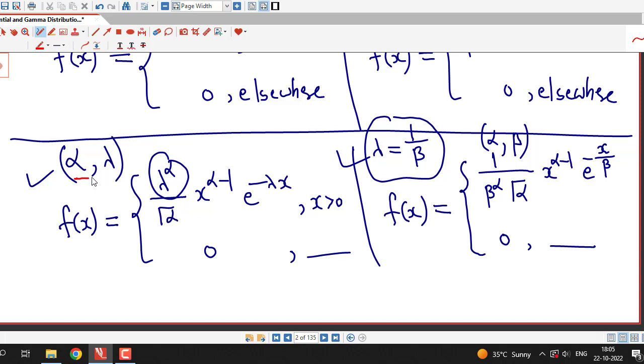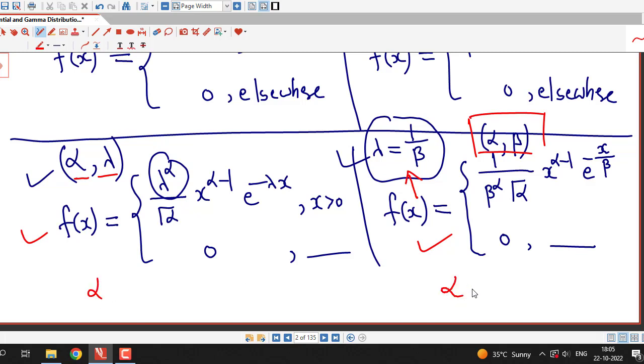If we are given in the form of alpha and lambda, we will use this PDF for gamma distribution. If our question contains parameters alpha and beta, we will use this form of PDF. And the relationship between lambda and beta is lambda is given by 1 over beta, or beta equal to 1 over lambda.